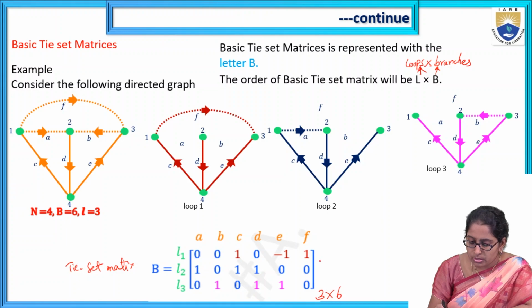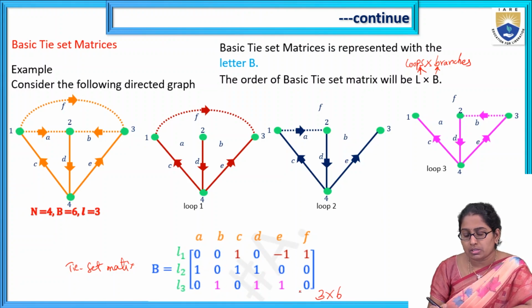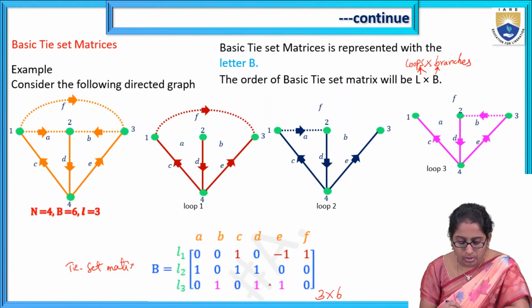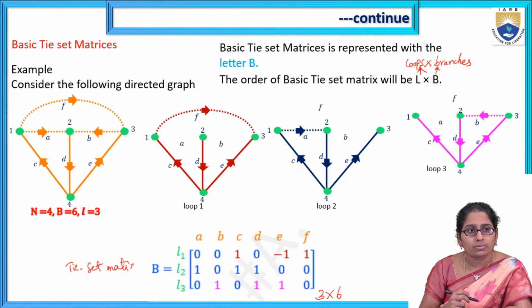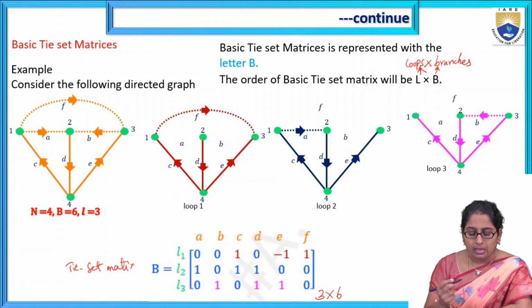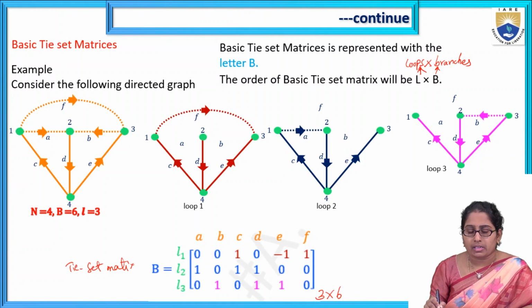That means 3 rows and 6 columns. Now write down the equations using KVL, write the equation in each loop, then put that in matrix form.